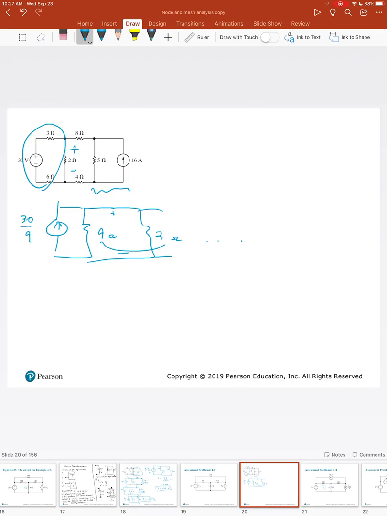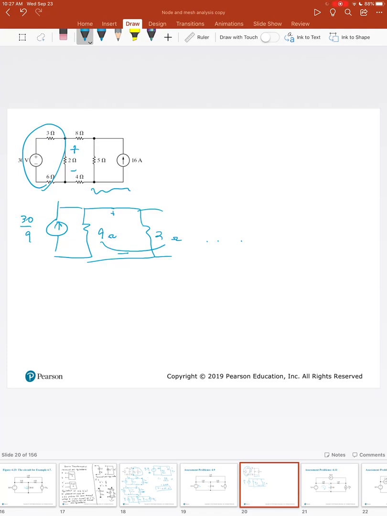So I guess my comment here is that unlike node voltage or mesh current, when you start using things like superposition or especially source transformation, there's no clear methodology for how to pick where to start if you're going to solve the circuit completely with source transformation.